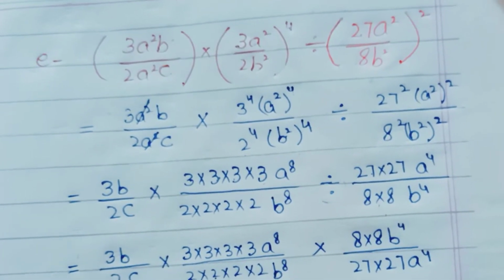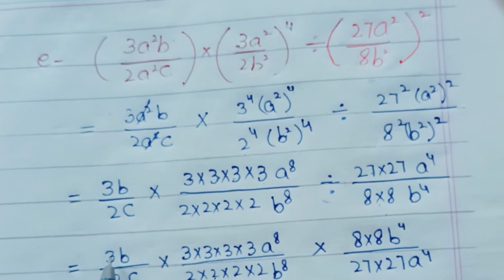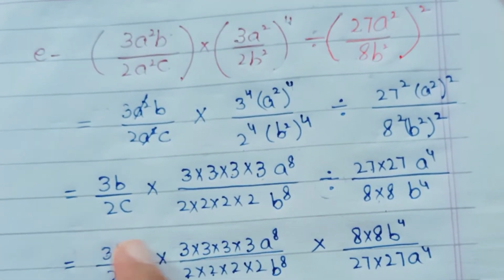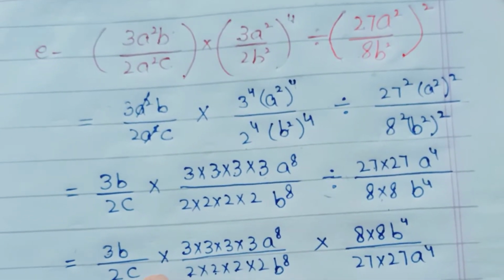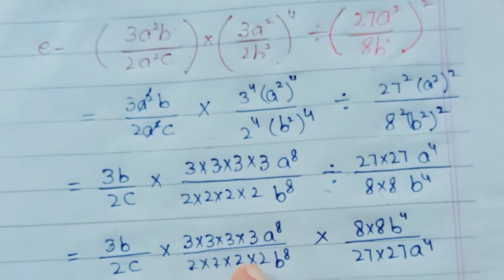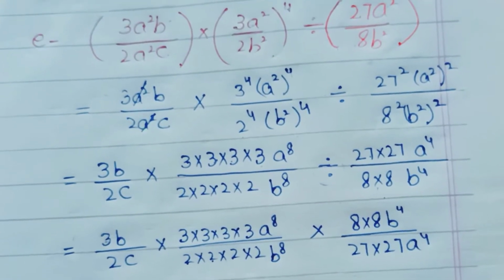So in our next step we will solve it like this. All the terms that are in numerator are multiplied with each other, and all the terms that are in denominator are multiplied with each other. So we can write all the terms together like this.